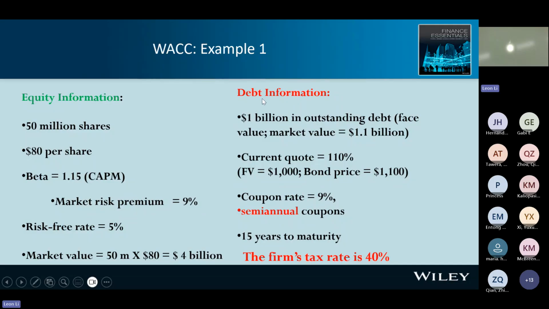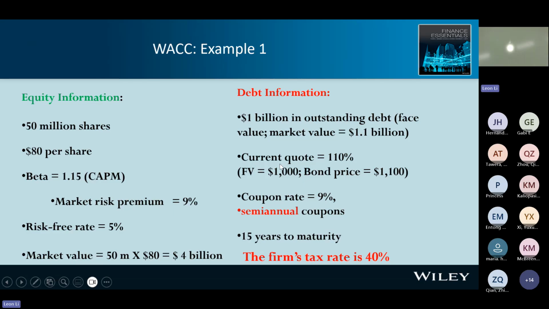Next, debt information. This company has 1 billion in outstanding debt in terms of bonds. The bond price now is $1,100. Par value, or face value, is 1,000.